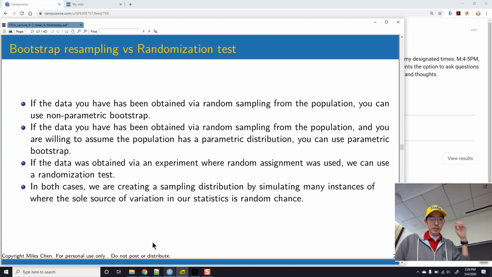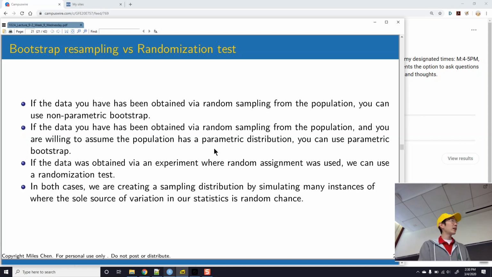All right, maybe I should highlight some of these things. Here are some key takeaways. If the data you have came from random sampling, you can use non-parametric bootstrap. If the data you have came from random sampling and you're willing to make parametric assumptions about the population, then you can use parametric bootstrap.